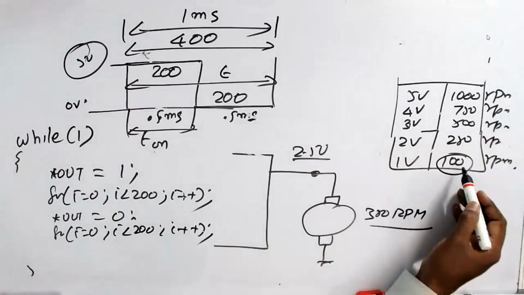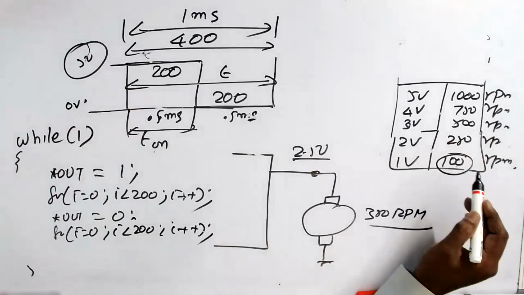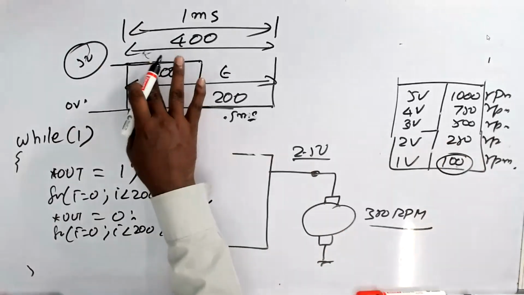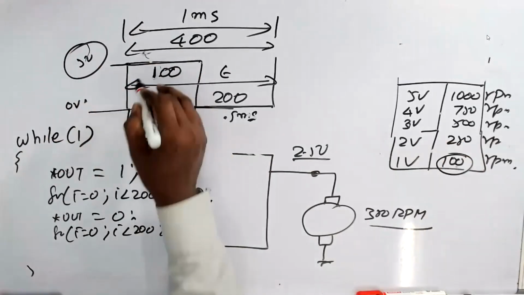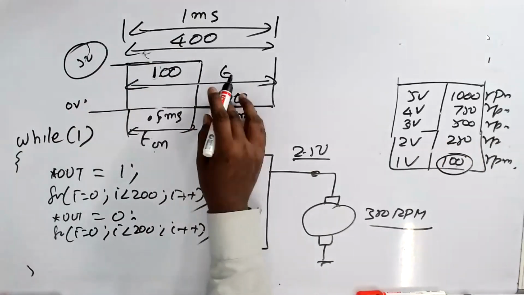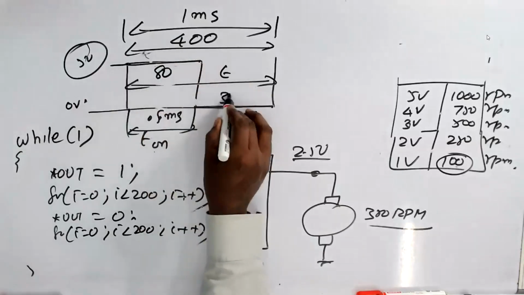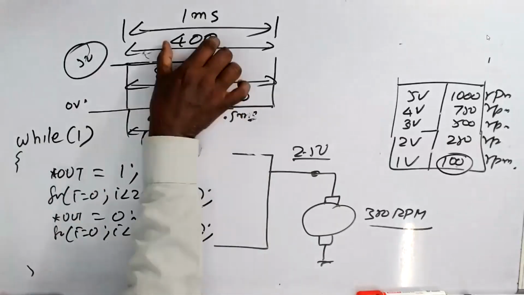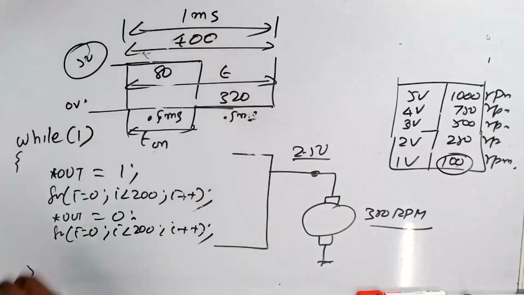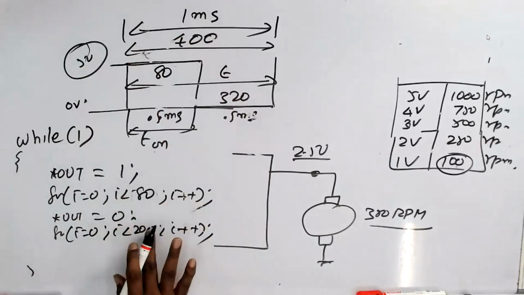Suppose I want to make it 100 RPM, then you change the delay to 80 and 320. See that I don't change the 400. The 400 is the same. Now I change the time here to 80 and the time here to 320.